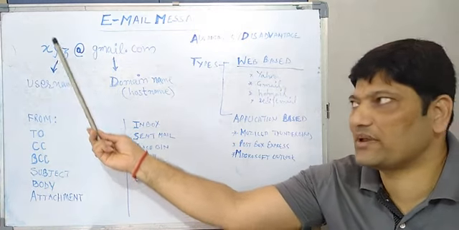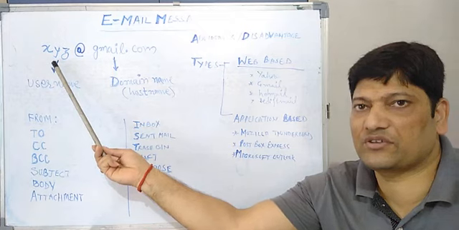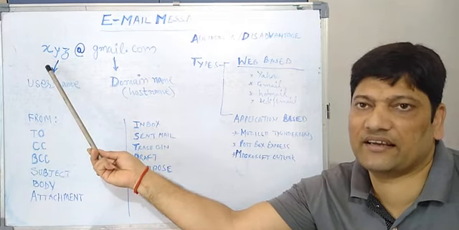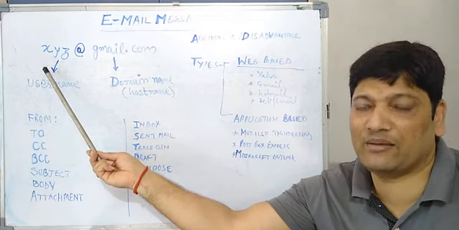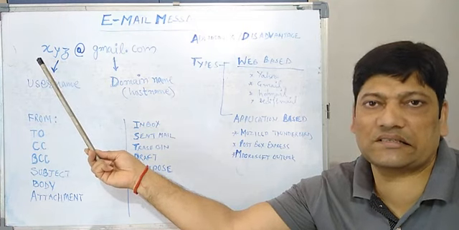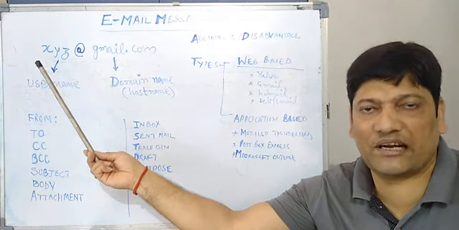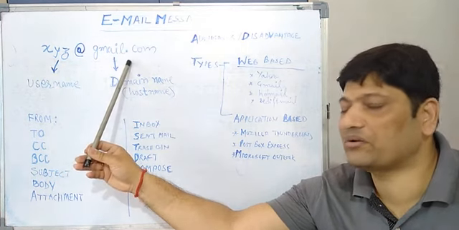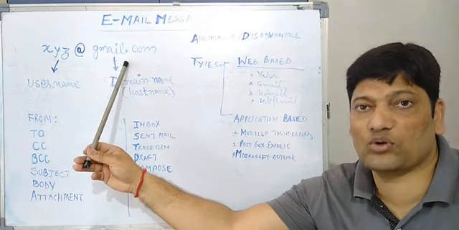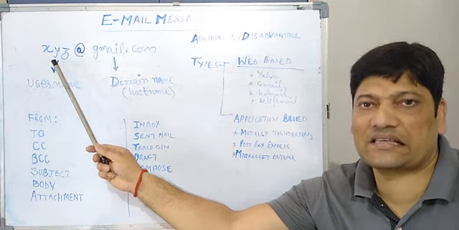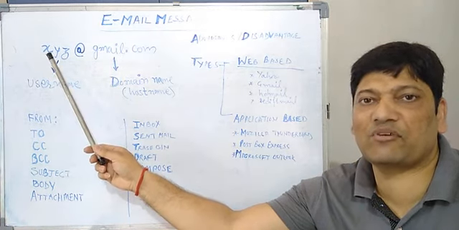XYZ is a username. That we have to create from our side, and whatever appropriate name we want to give to our email address, we can give. But remember, in a particular server or host, only one name can exist. You cannot create two names of the same type.